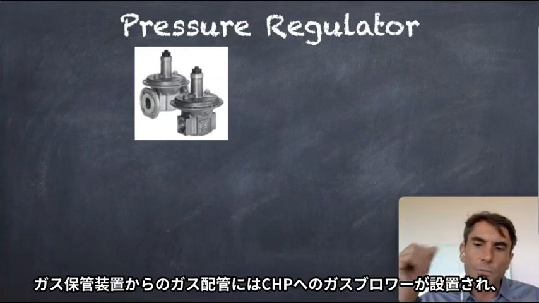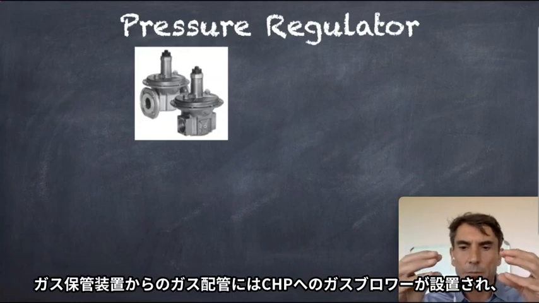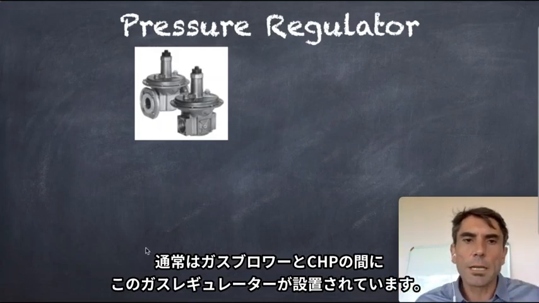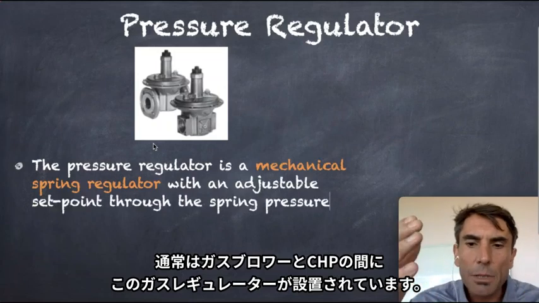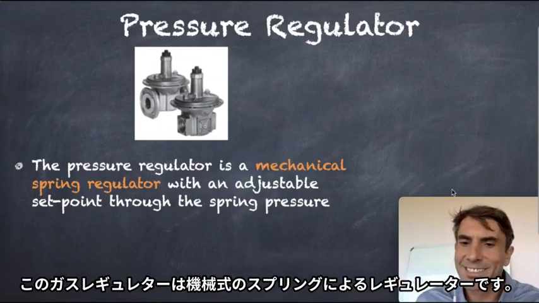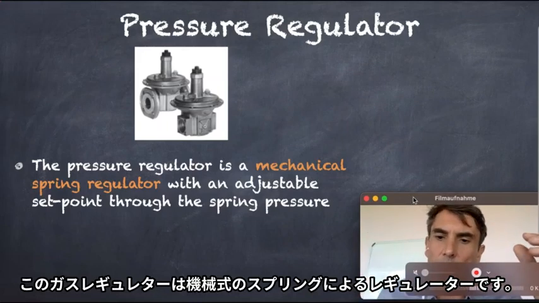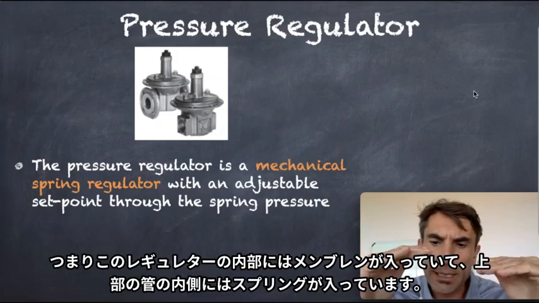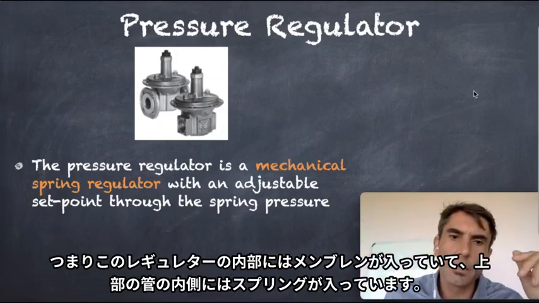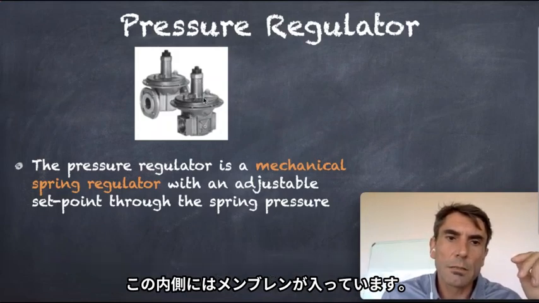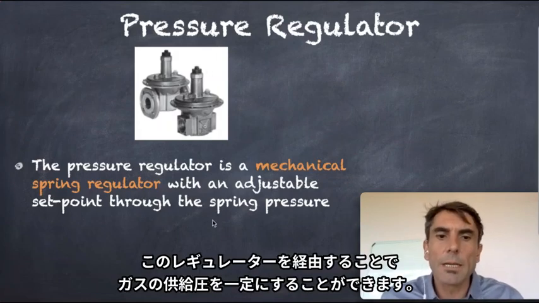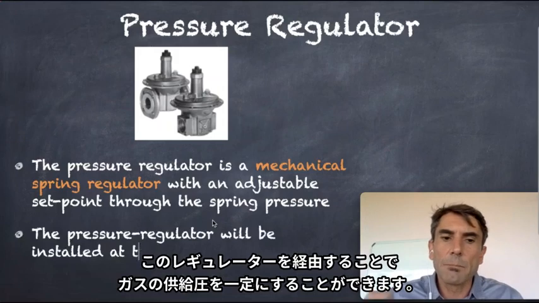After the gas supply system from the tank, sometimes we have a main gas blower in front of the CHP, a centralized gas blower. Usually we use a gas pressure regulator. The gas pressure regulator is a mechanical spring regulator. It means there's a membrane inside with a spring on top, and over this regulator we can adjust the pressure.